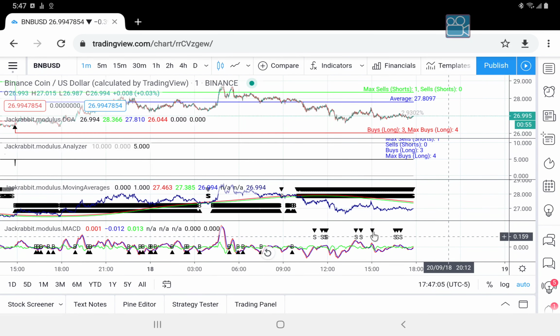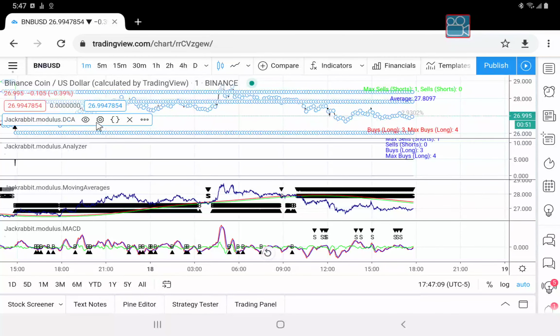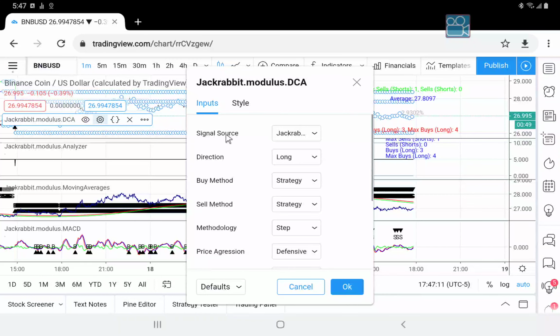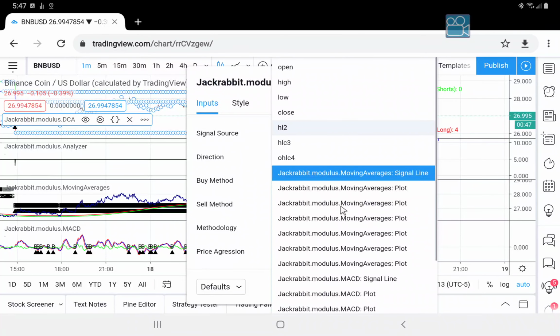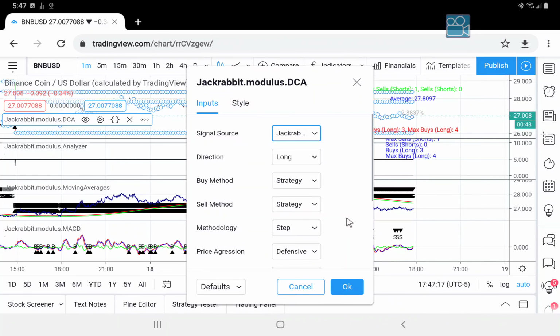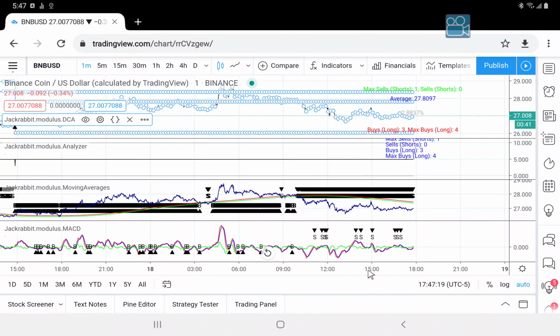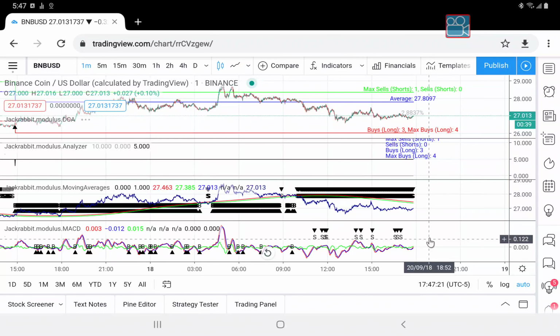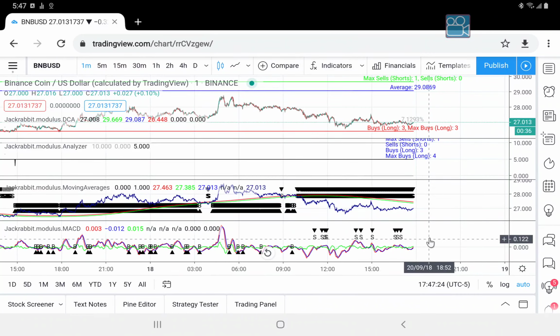Here we go. And now we will adjust our dollar cost averaging to the MACD module. And I would feel comfortable setting this up and walking away for a week.